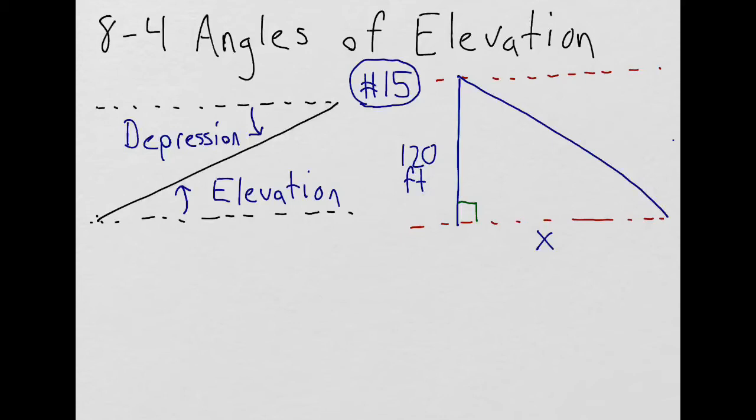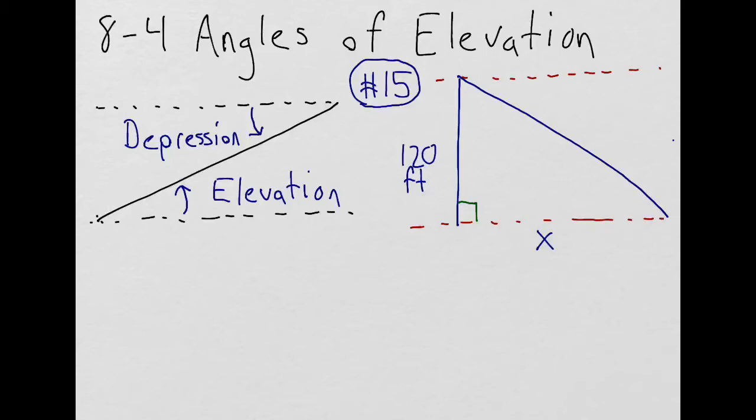Whenever you're drawing these problems, I think it's important to draw out a situation that looks kind of like this. You need to create your horizontal lines so you can properly identify where to put your angle. So that's what I did here. I got two horizontal lines, one right there, one right there.